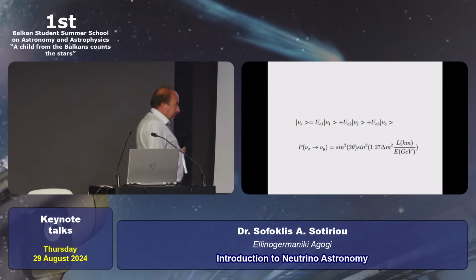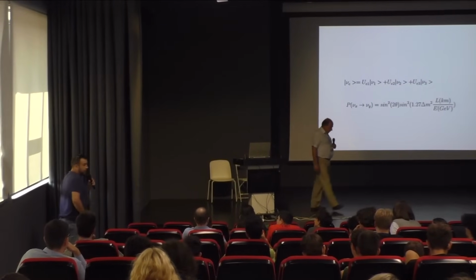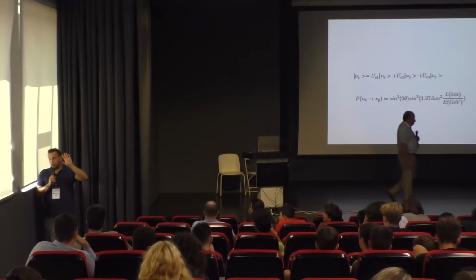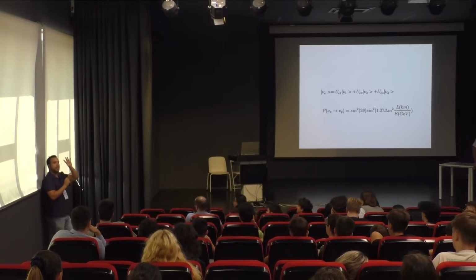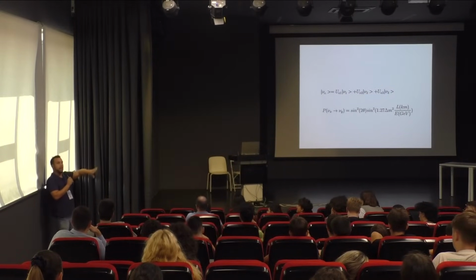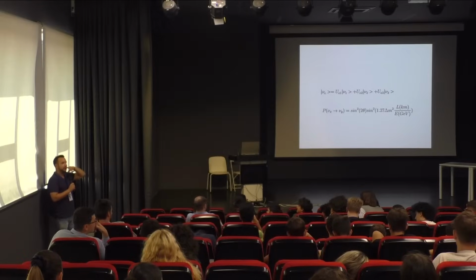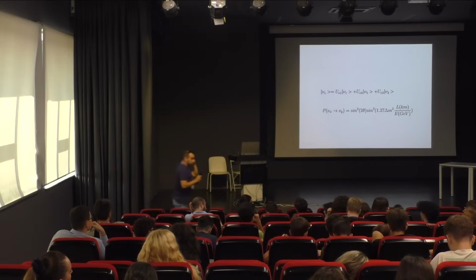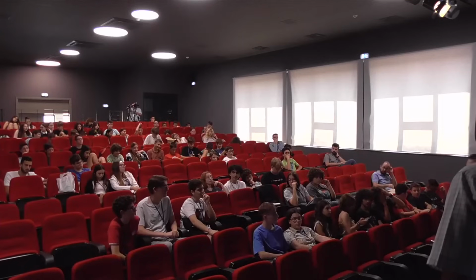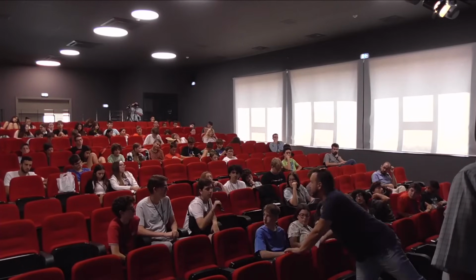Okay, so I would like to ask you, why would one choose neutrinos as particles to do astronomy, based on what you have learned so far? What is your opinion? Mainly for two reasons.